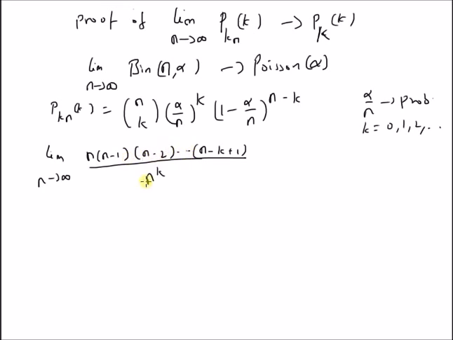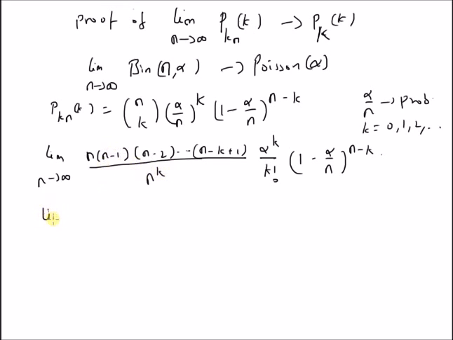So note that there are the same number of terms in both the numerator and the denominator here. And then we have alpha to the power k divided by k factorial from this n choose k, and then we have 1 minus alpha by n to the power n minus k.